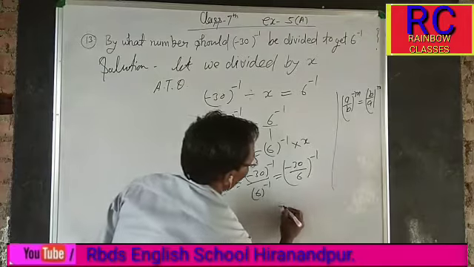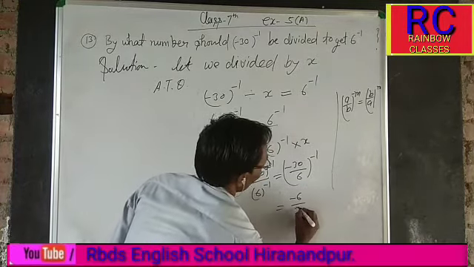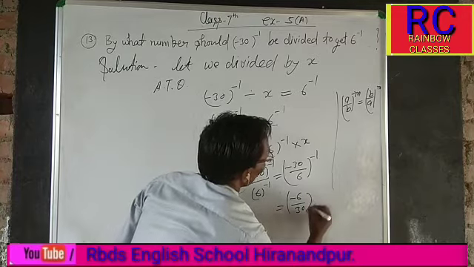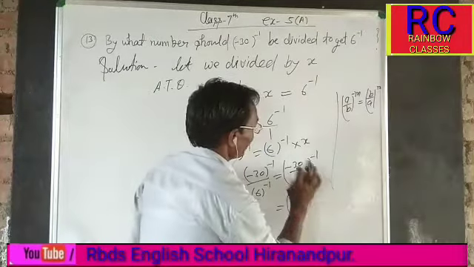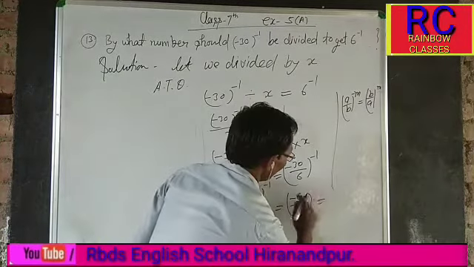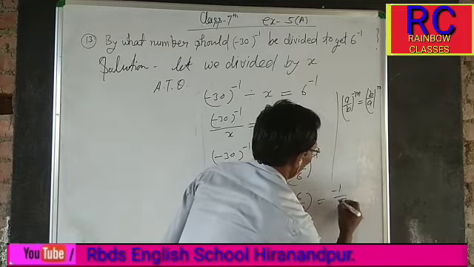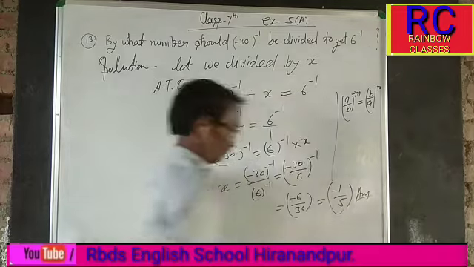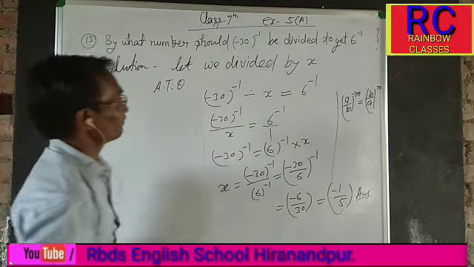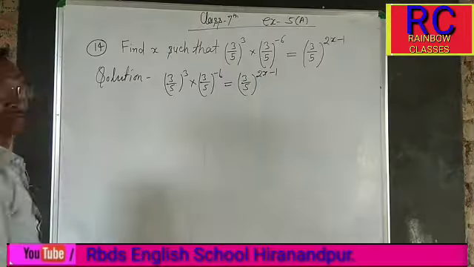So we have minus 6 by 30 to the power 1, which is 1 by 5, so minus 1 by 5. Required number is minus 1 by 5.